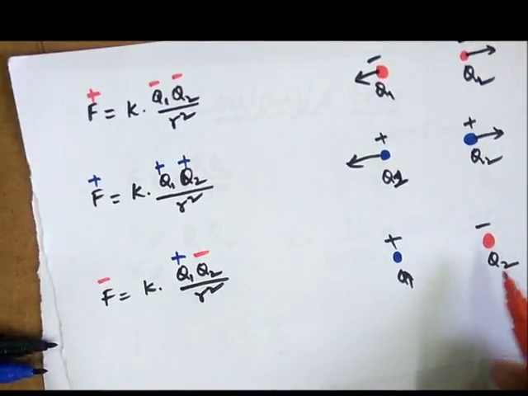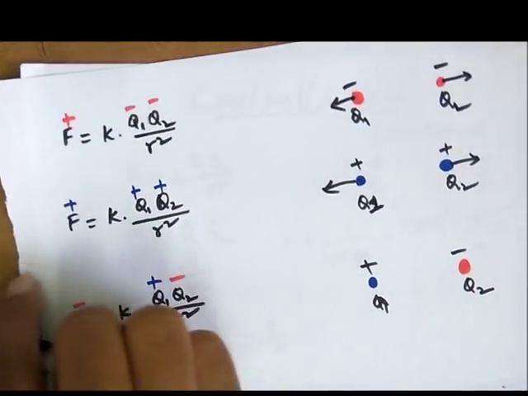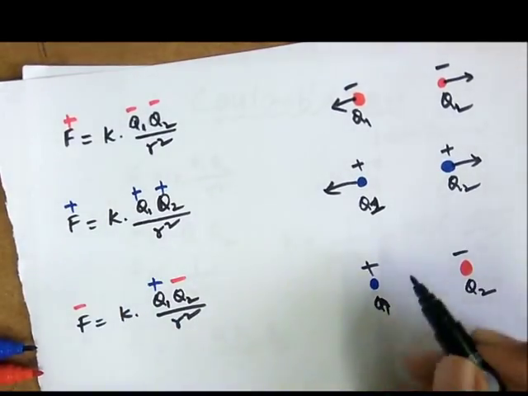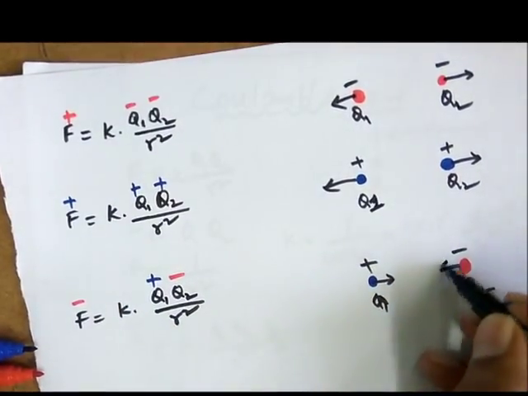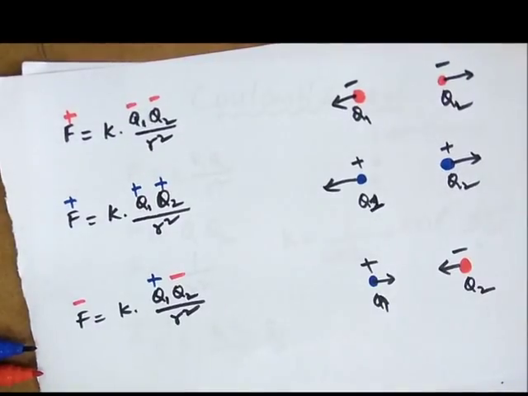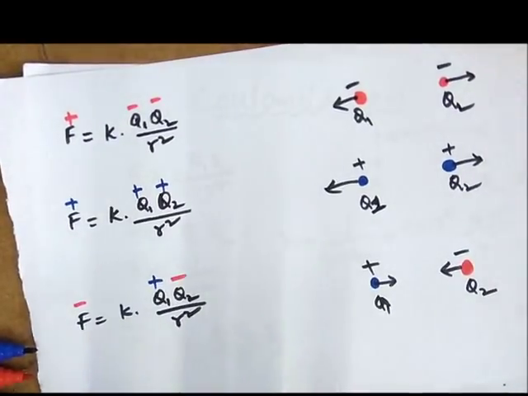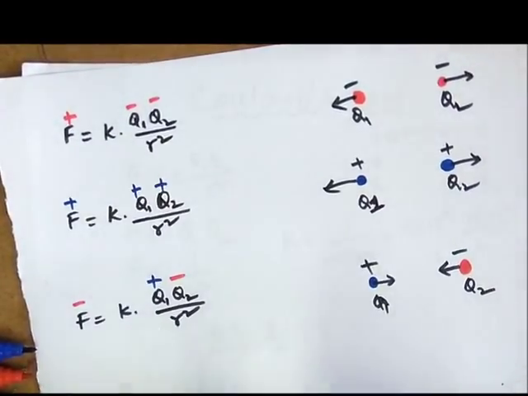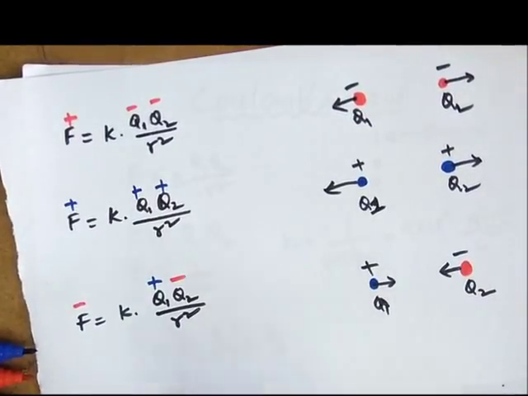So the force between these two particles is negative, which means that they will attract each other and they try to move towards each other like this. This is what Coulomb's law tells us about the magnitude of the force between these two and also the direction of the force between these two.